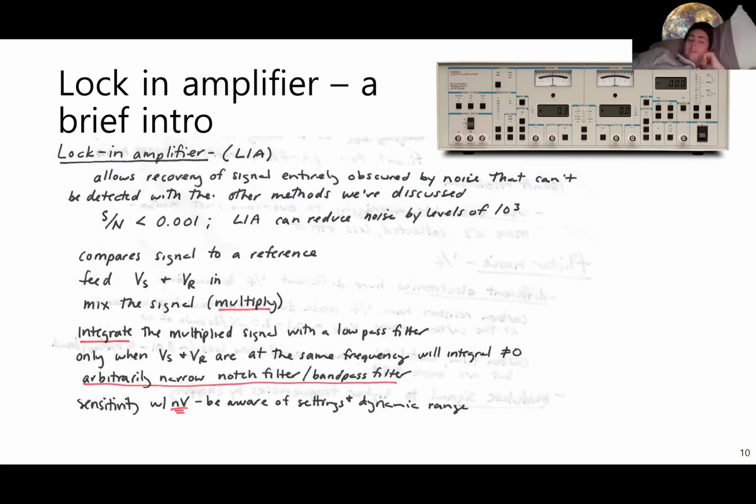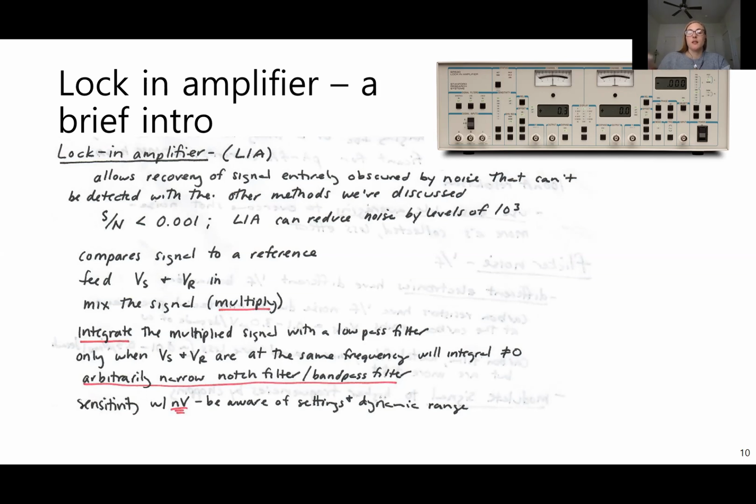Can you give me an example of what a reference signal would be in an actual lab setting when you're using a lock-in amplifier? Yeah, so these lock-in amplifiers actually have a built-in reference signal. It would be like a sine wave that you can select. Do you want a kilohertz sine wave, a megahertz sine wave, hertz? I'll have to go back and look at the details of which ranges those are at.